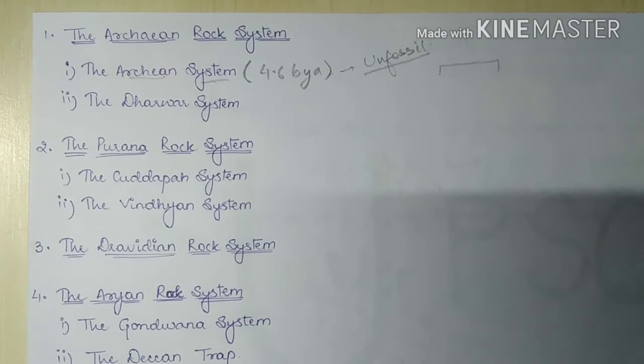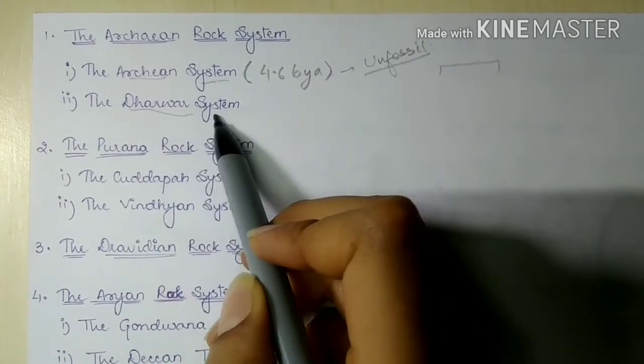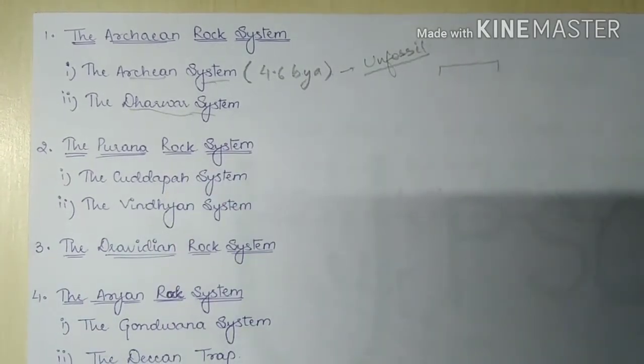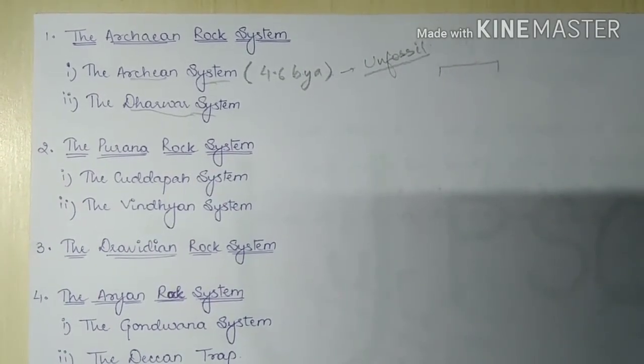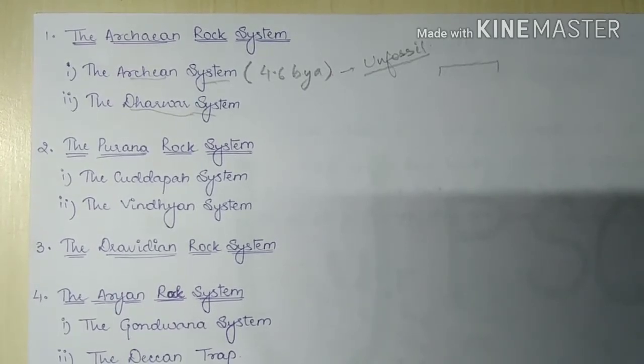They are the oldest sedimentary rock system ever known. They are the first metamorphosed sedimentary rock system, and they are known as the Dharwar system because they were first found in the Dharwar district of Karnataka. They are composed largely of igneous debris, schist, and gneisses.